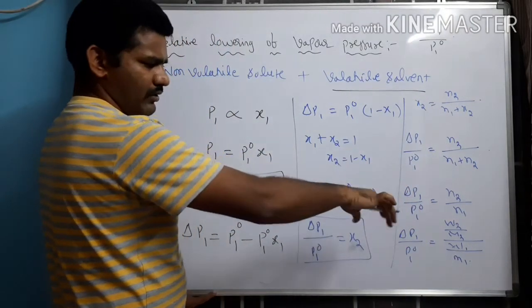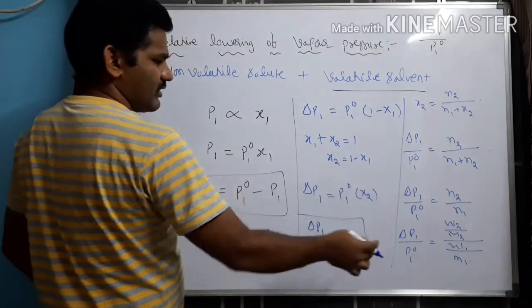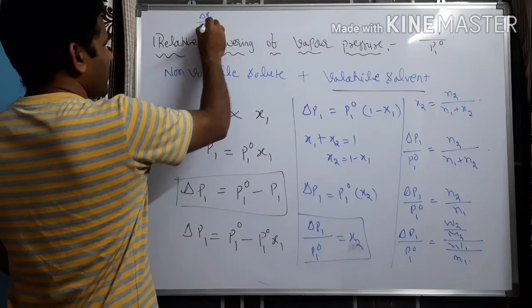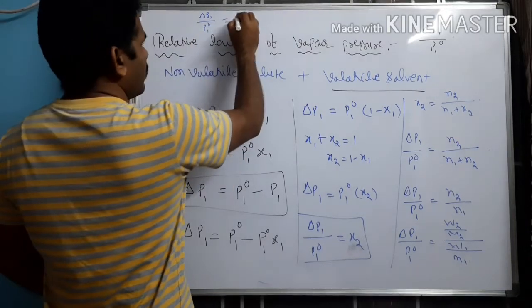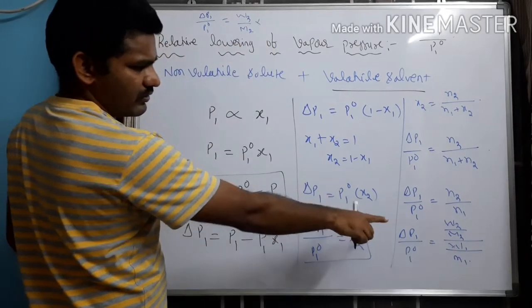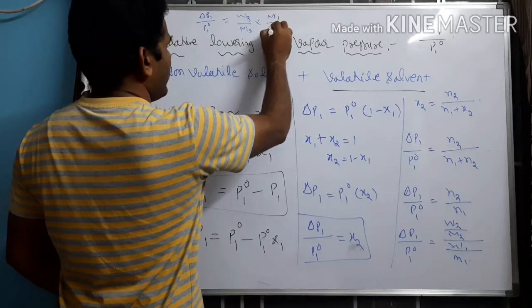Or, rewriting that equation, delta P1 by P1 naught is equal to W2 by M2 into the reciprocal, so it will be M1 by W1.